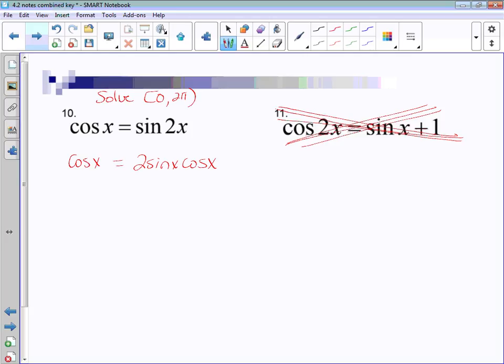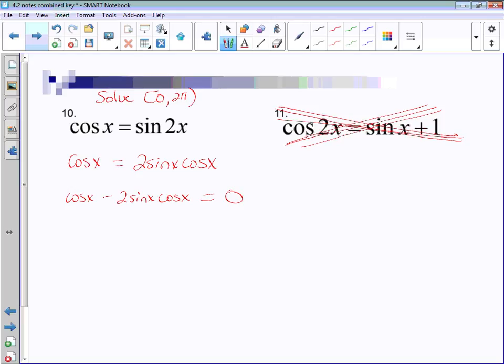So I'm going to have cosine of x minus 2 sine of x cosine of x equals 0. You cannot divide by cosine of x.